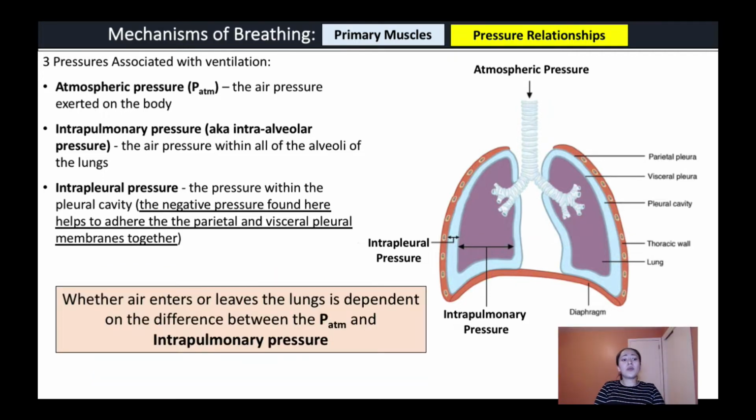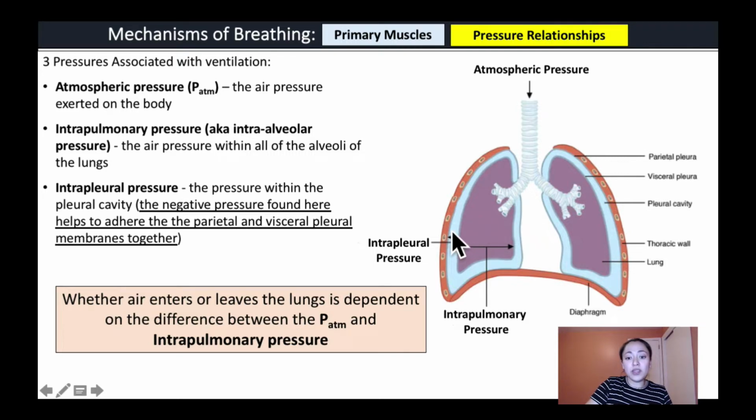Another thing that's really important is whether air actually enters or leaves the lungs is dependent on the difference between the atmospheric pressure out here and the intrapulmonary pressure. Okay, so the difference in atmospheric pressure and intrapulmonary pressure are going to determine whether air leaves or enters the lungs.